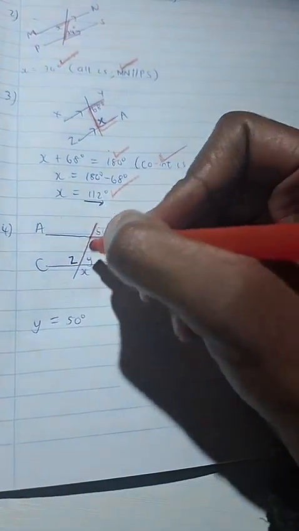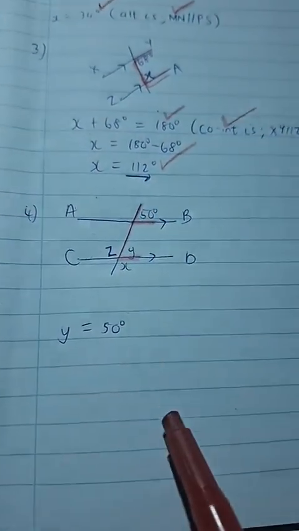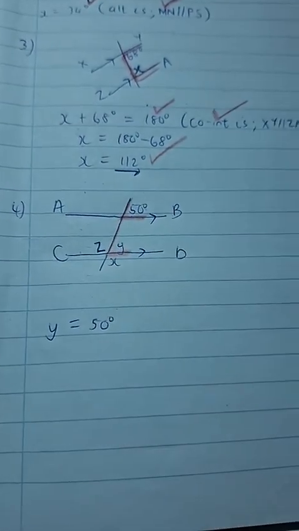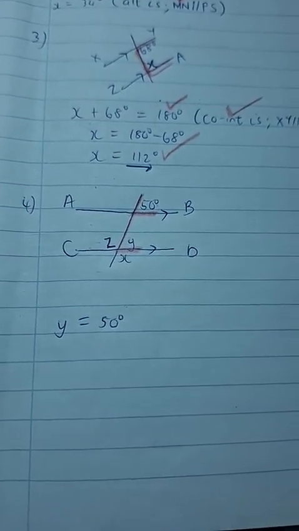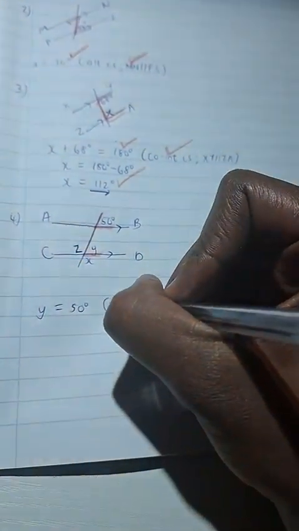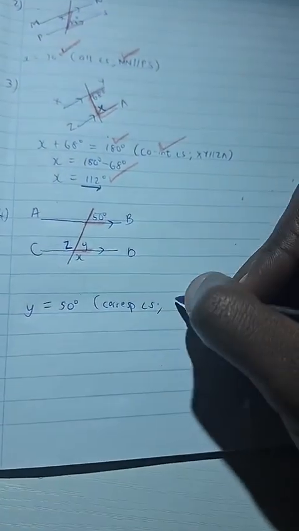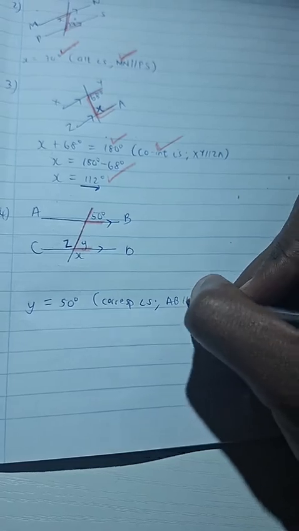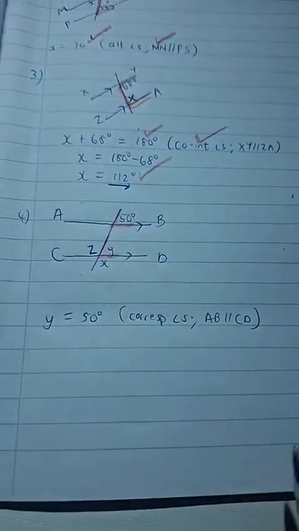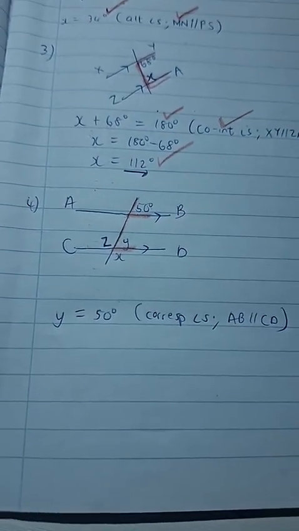And on top of this line, on the same side of the transversal line, those angles are corresponding angles. So we say y is equal to 50 degrees, and then we say corresponding angles, semicolon, AB is parallel to CD.